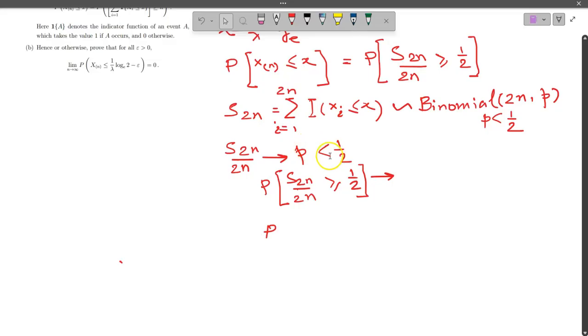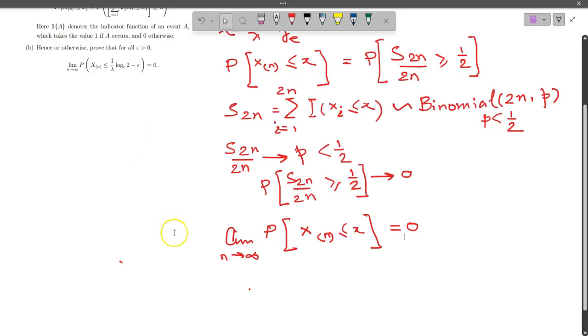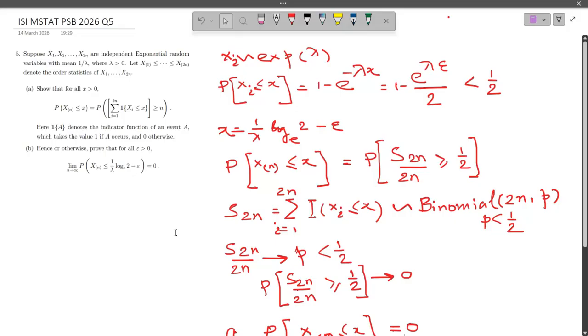So this probability goes to 0. So the limit as n goes to infinity of the probability that the nth order statistic is ≤ x, where x is (1/lambda) log_e 2 minus epsilon, equals 0. So we have proved both part A and part B.